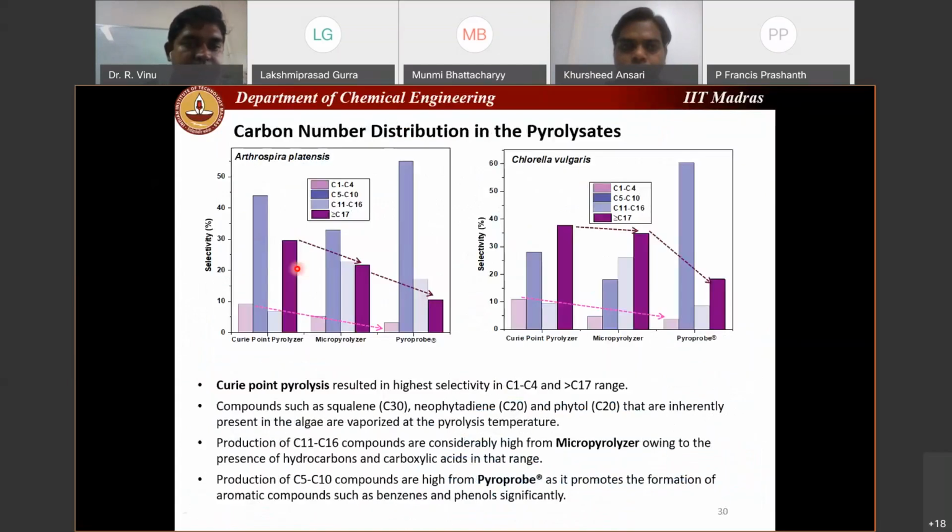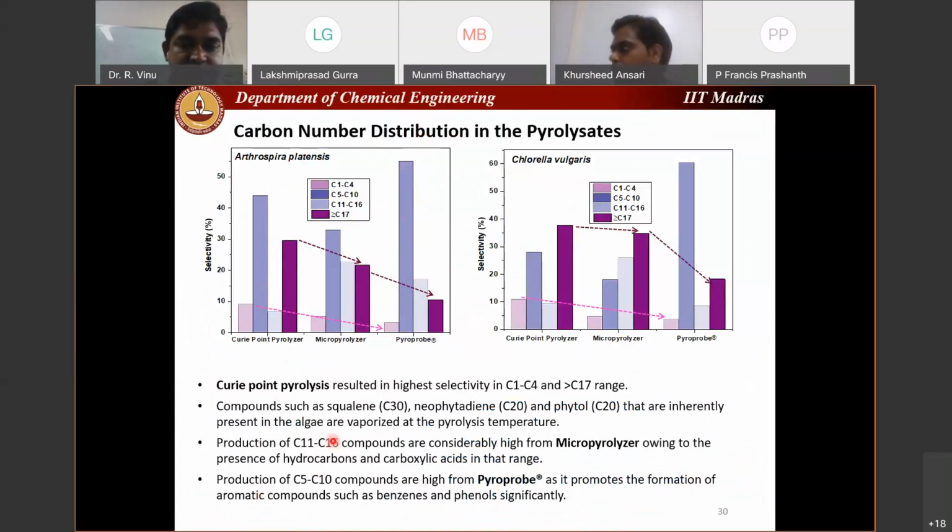Okay, and even here you see that a lot of the C5 to C10 hydrocarbons are aromatic type hydrocarbons that you see significantly from the pyro probe. This is a more detailed understanding based on the carbon number distribution of the products.